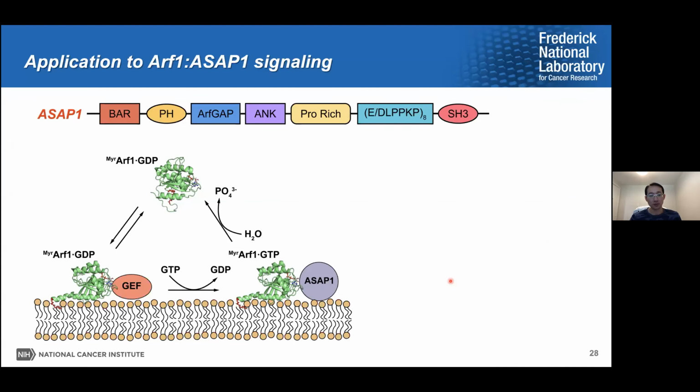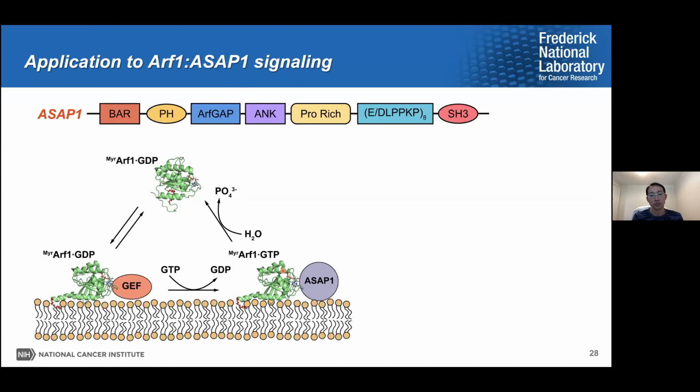So first of all, we are looking at one of the membrane-associated proteins called ARF1 in the ARF1 and SF1 signaling pathway. Okay, so ARF1 is a nucleotide binding protein. The GTP bound form is the active form, and the GDP bound form is the inactive form.